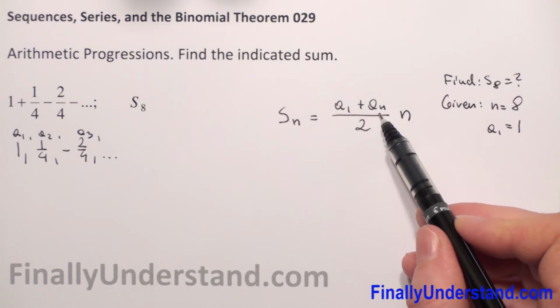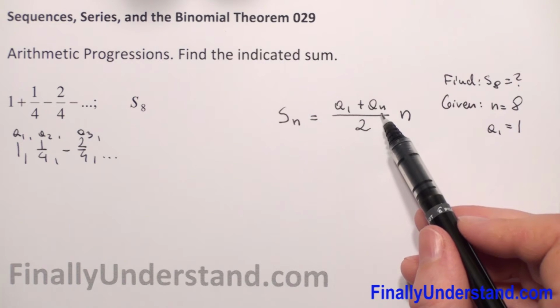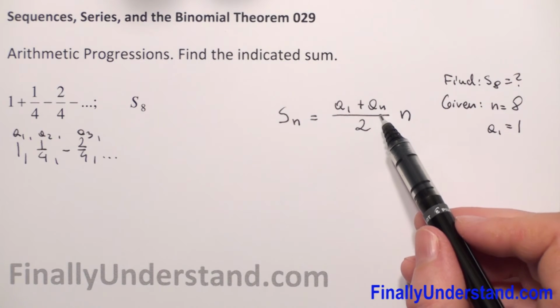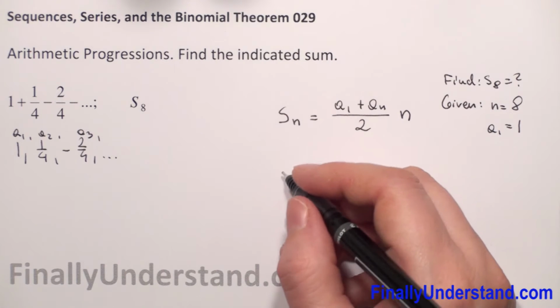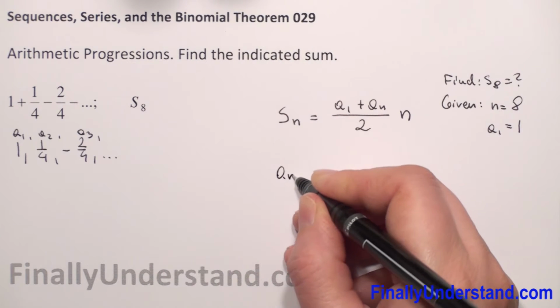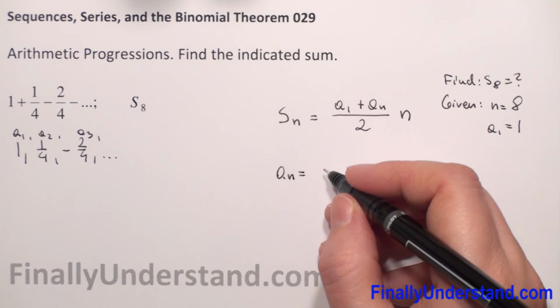We have to have also the nth term. In our example, n is 8, so we need to find the 8th term of our arithmetic progression. To find the 8th term, we will use the formula for the nth term of an arithmetic progression.